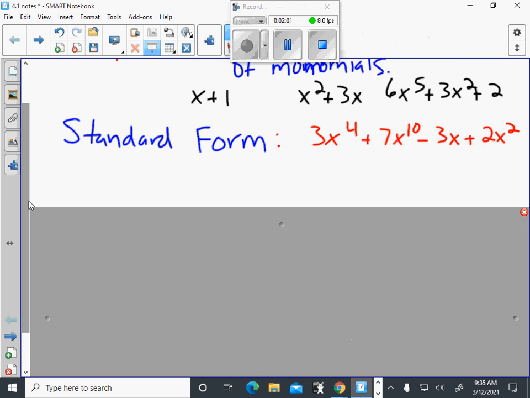Whatever's attached to the highest degree, which is 7x to the 10th, because this 10 is the highest exponent, that's what's going to go first.